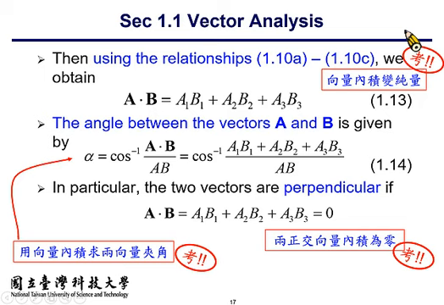So A1 dot B1 plus A2 dot B2 plus A3 dot B3 ends up with the dot product result. And here's another important property that I need you to memorize: what is the property of the vector dot product? It becomes a scalar.